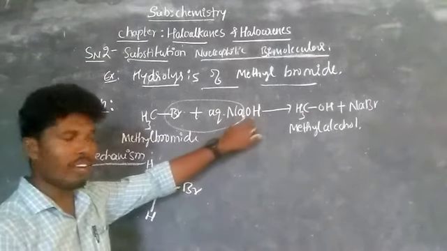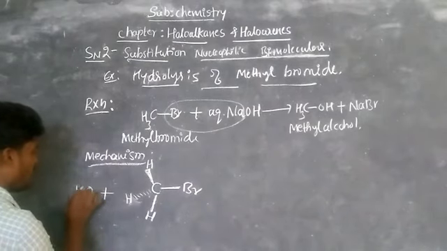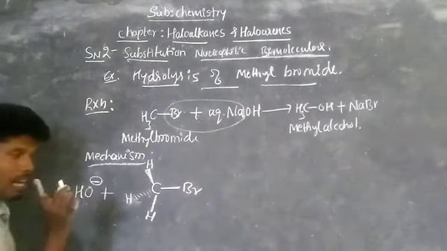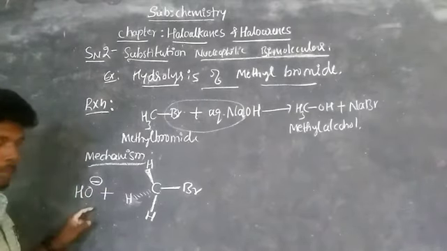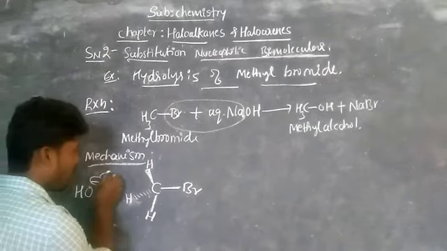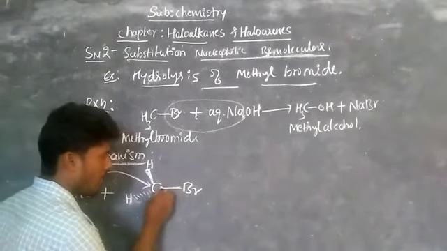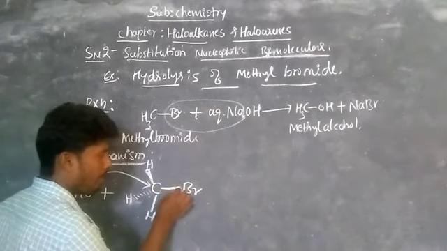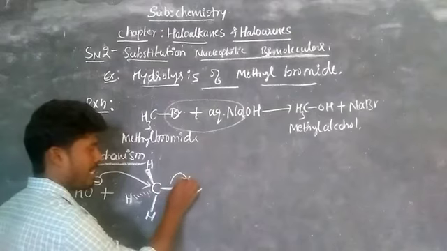Here the nucleophile is OH minus. That is right. OH minus is a nucleophile. Always write the negative charge on oxygen only. So here observe this nucleophile will be attached to the carbon, and breaking of this carbon bromine bond will take place simultaneously.